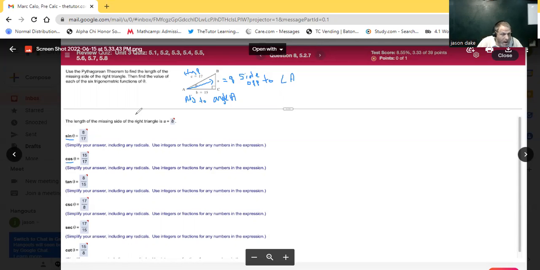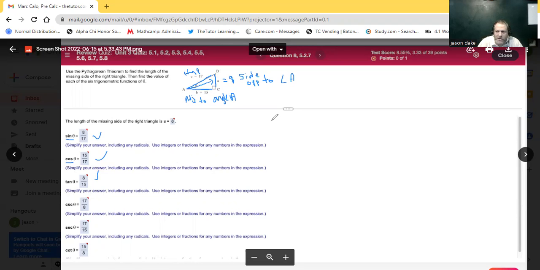Cosine will be 15 over 17, adjacent over hypotenuse. Tangent is going to be opposite over adjacent. So that's going to be 8 over 15.